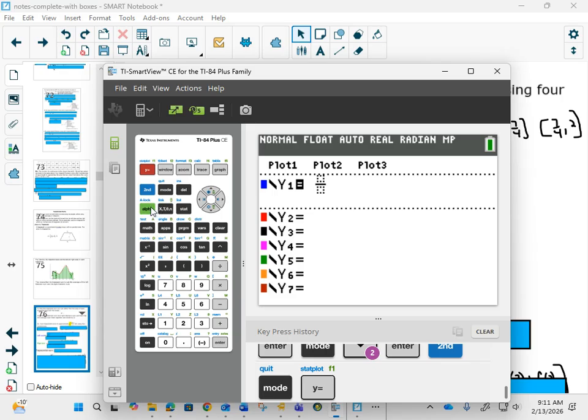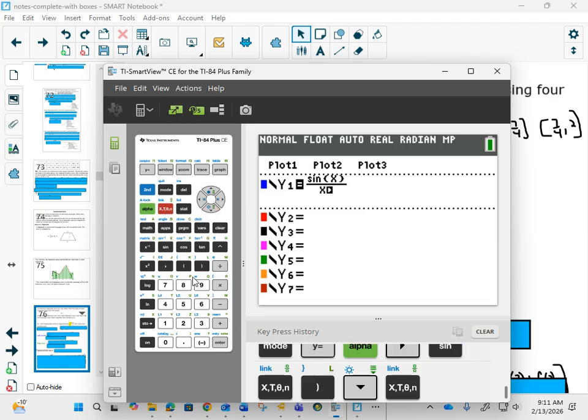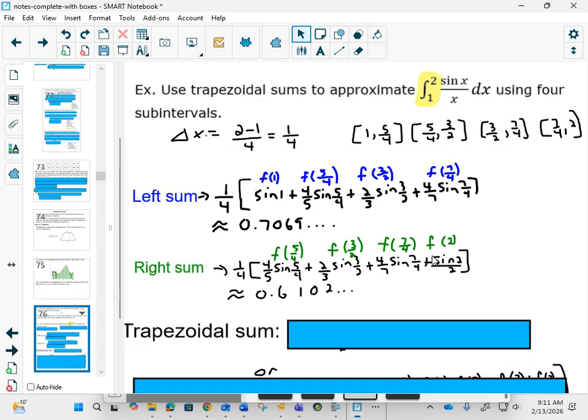I'm going to go to y equals and write sine x over x in my equation. I'm going to show you a couple of things that can be helpful with a graphing calculator here. So what do we want? We're going to need to figure out what sine of 1 is, sine of 5/4, sine of 3/2, sine of 7/4.